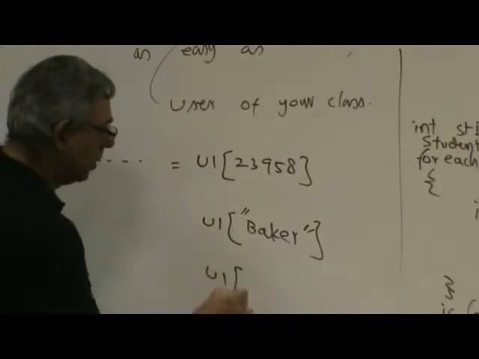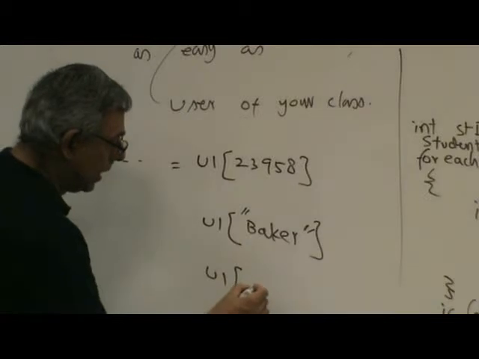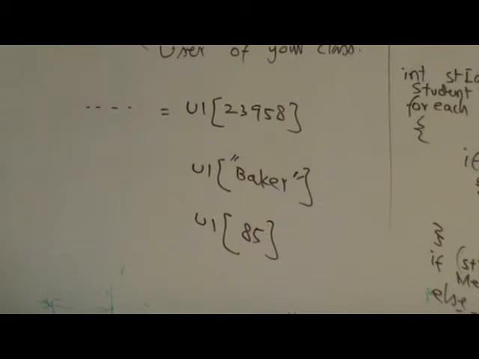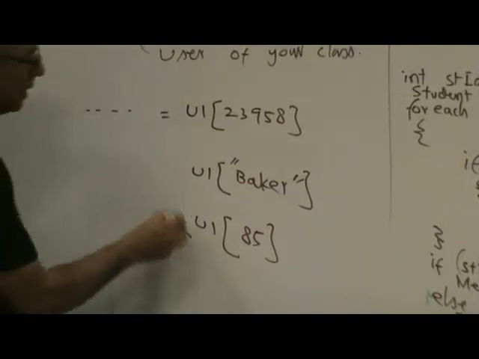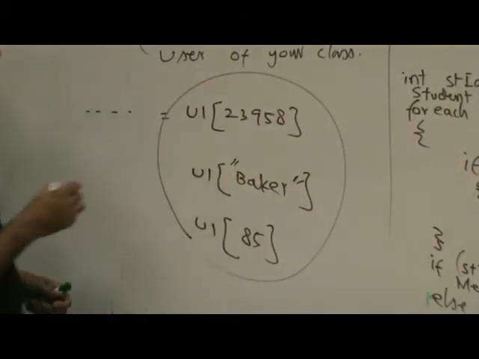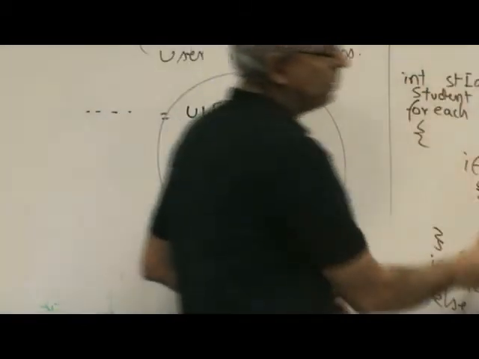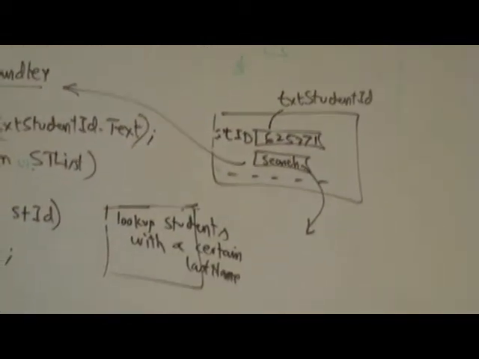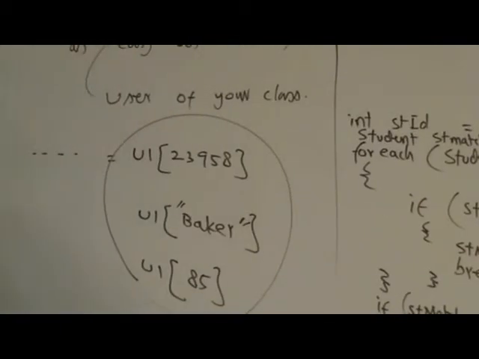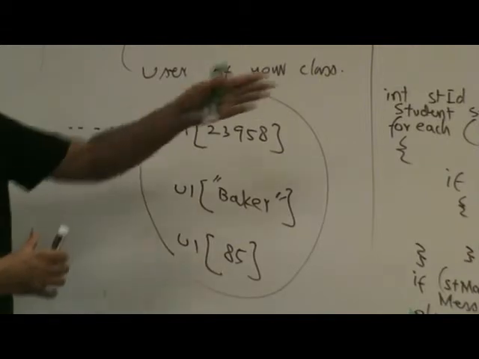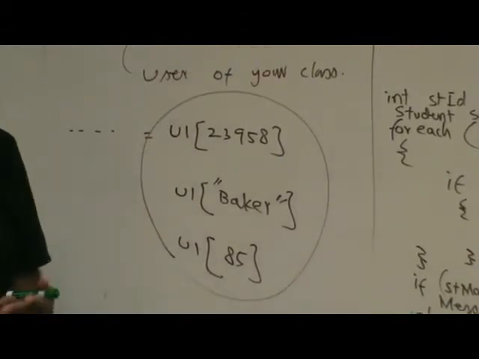Or U1 of, let's say, test score 85. So if we can provide some capability like this, so that for the user of our code, meaning whatever application we are creating to search for a student, the code is only one line, okay? Then somebody will really appreciate the way we have created our class, right?